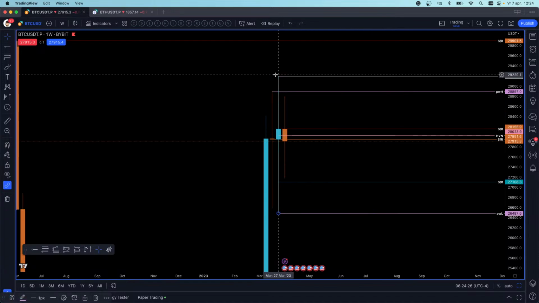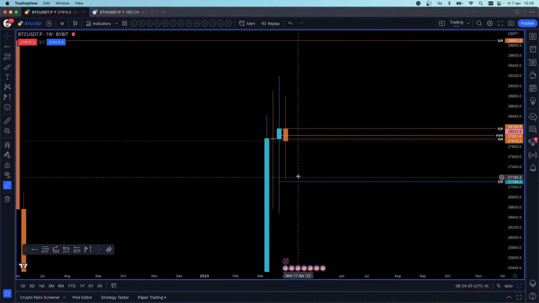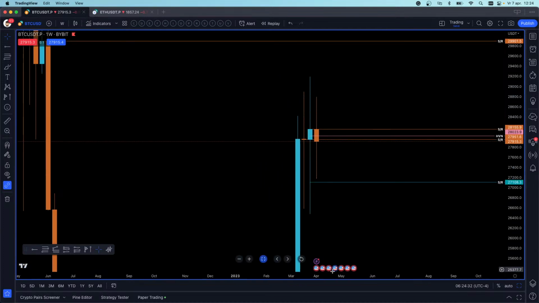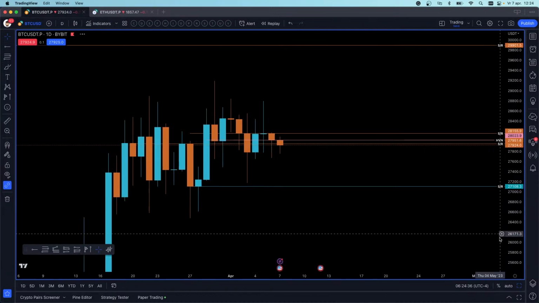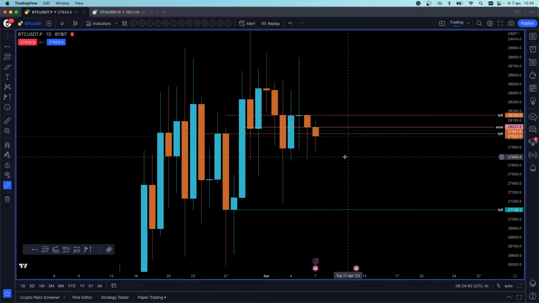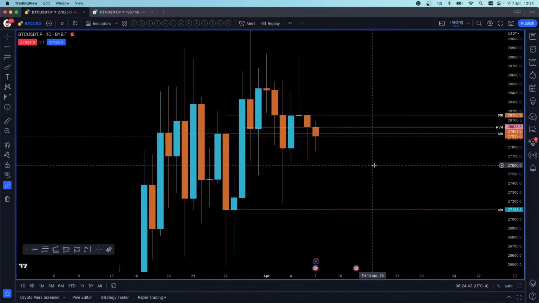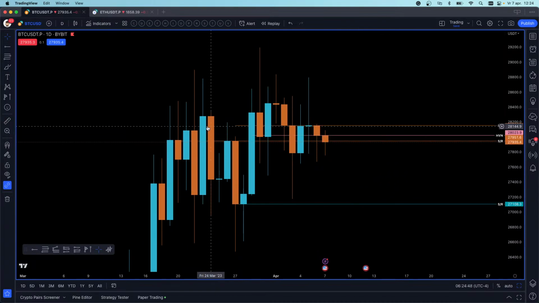Currently, we are far away from both of these levels, so I will not place that on the chart. We are inside the previous week. On the daily, you can add the daily open, which is basically the high volume node. For me, I want to make this chart clean. I don't add the daily open here because I know this is the high volume node.